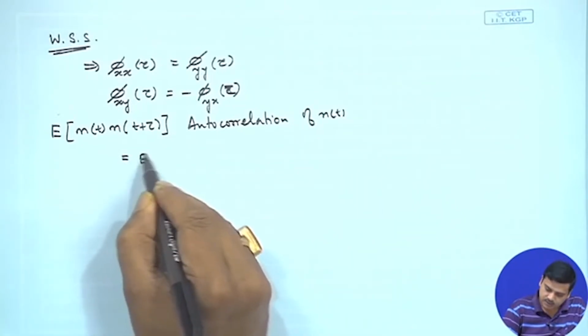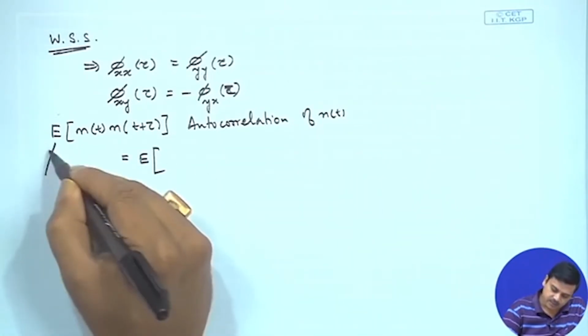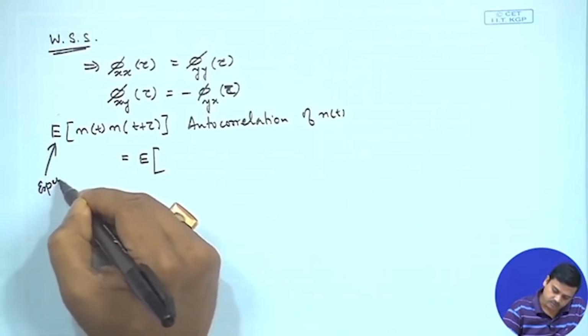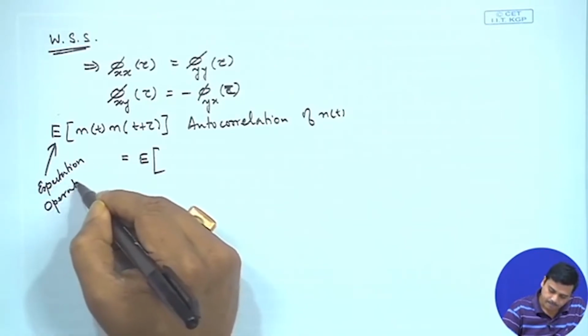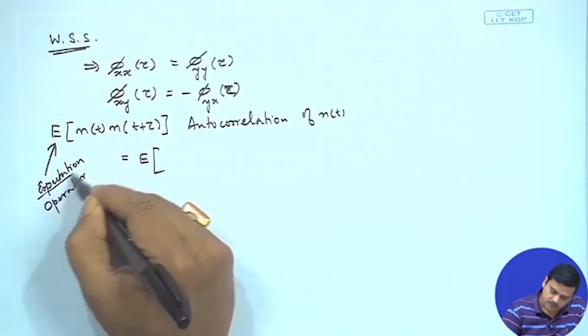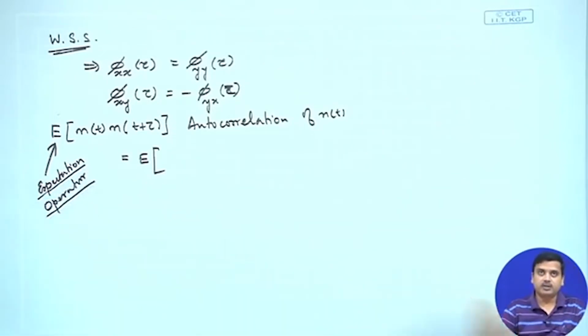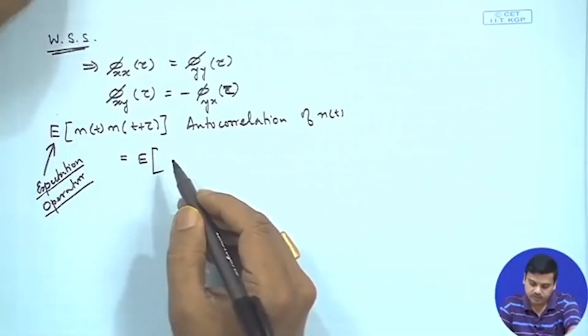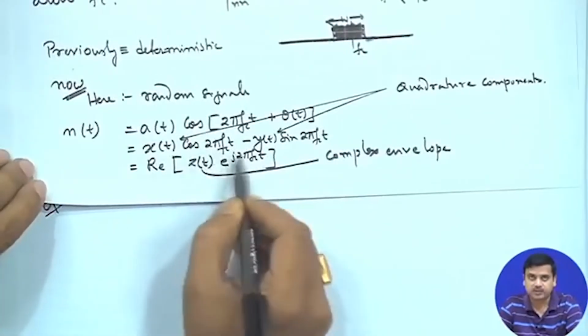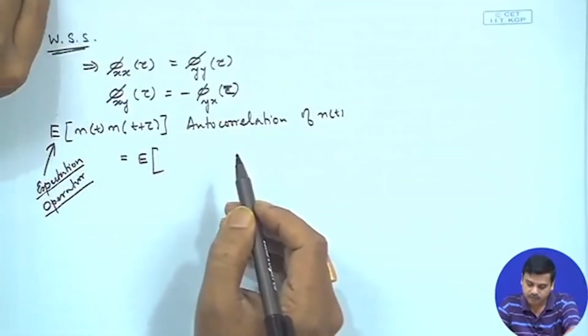E is the expectation operator, which means that you are taking the ensemble mean, that means over the PDF. So, we would use this expression of this kind of a form, and we will be using that form to arrive at the autocorrelation and power spectral density.